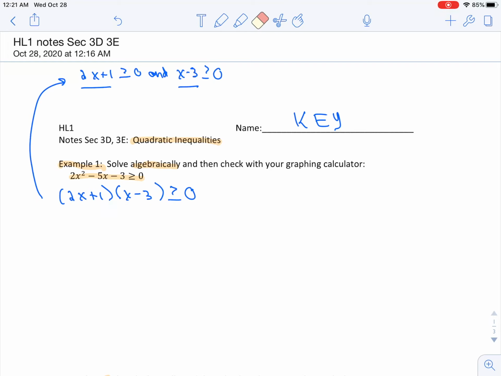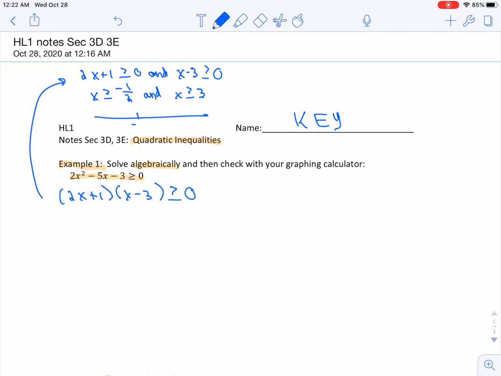So that makes sense. When you do that, over here you're going to end up with x is greater than or equal to negative 1/2 when you're finished with the calculations there. And here we get x is greater than or equal to 3. So if we think about the fact that these are joined with the word and, and we think about a number line, we put those two things together.